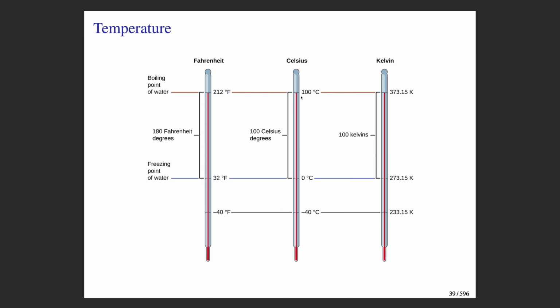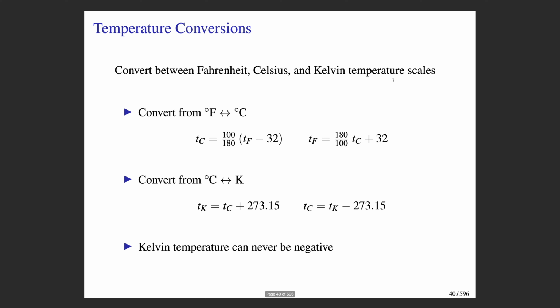The Kelvin scale is similar in the sense that there's 100 Kelvin between freezing water and boiling water. However, the scale is shifted, and the freezing point of water occurs at 273.15 Kelvin, and the boiling point of water occurs at 373.15 Kelvin. So really, we only need to focus on those 2 temperature scales.